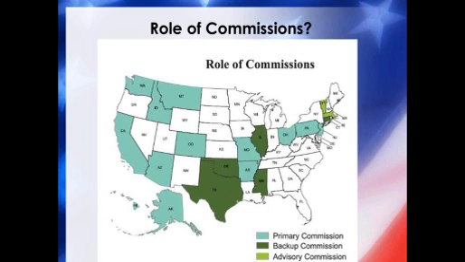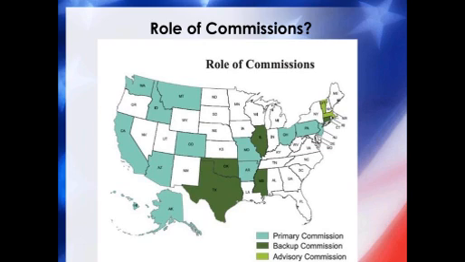Next slide. And indeed, we see here where commissions are the primary focus. The primary role for the commission is to do the redistricting, or in the heavier green, where they're a backup commission. There are some states that do have just an advisory commission without ultimately a role.